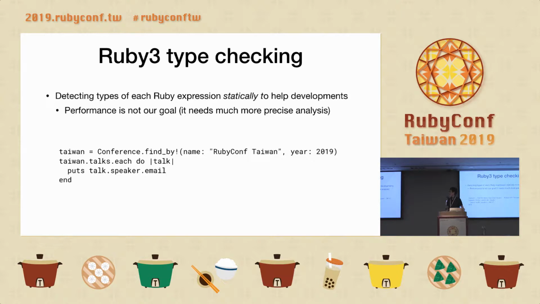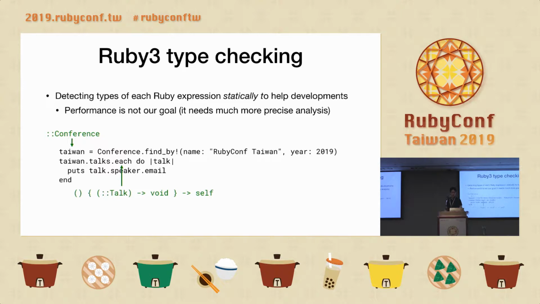What type checking does is detect the type of a variable. For example, the type of the taiwan variable will be Conference, an instance of the Conference object. Or what is the type of the each method?